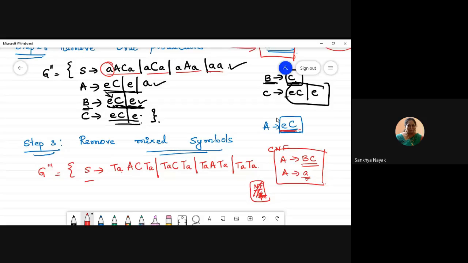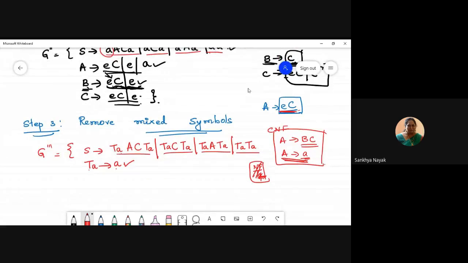After doing this, I will say T_A derives A, because I replaced A with T_A. Now you can see this has come to this format. Of course, here we have long productions, but all of them are non-terminals.